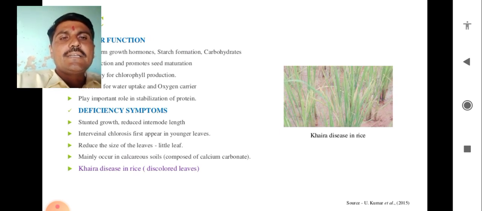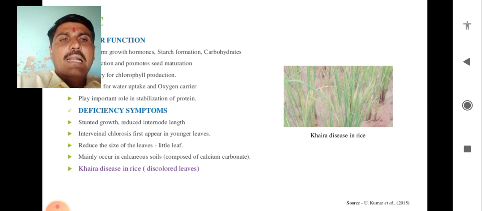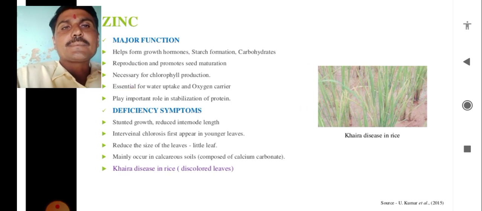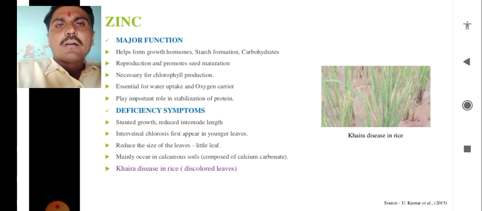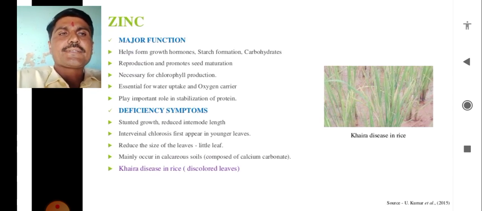So we see the leaves are discolored in the rice, whereas the size of the leaves is reduced, or we may also call it the little leaf of the rice, and interveinal chlorosis appears on the younger leaves. Growth is stunted and internode lengths are reduced. All these are the symptoms which can be noticed in the absence of zinc.